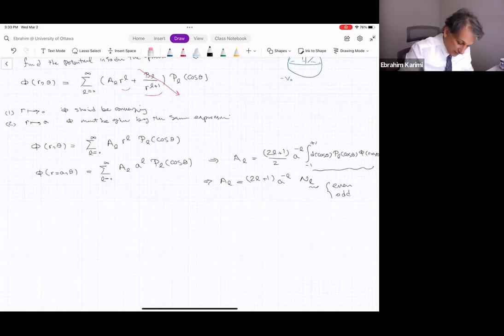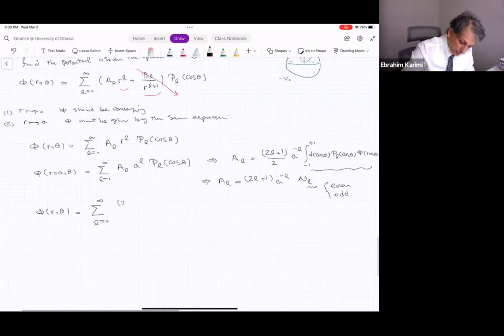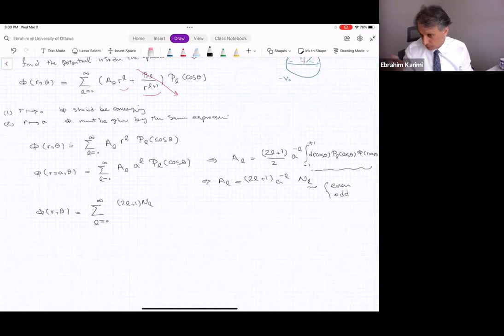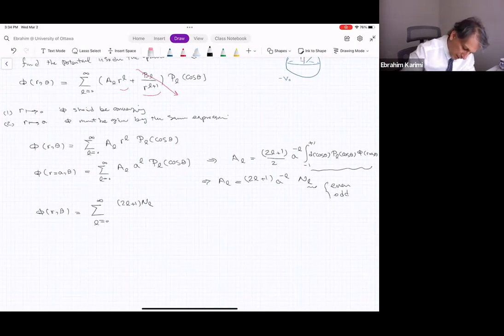Replacing inside the expression, we get phi of R and theta equal to the summation of L from 0 to infinity of 2L plus 1 times NL, where NL is an expression you will find, and it poses a condition on the value of L to be odd or even. Then R to the power of L and A to the power of minus L, so it will be R divided by A to the power of L, PL of cosine of theta.